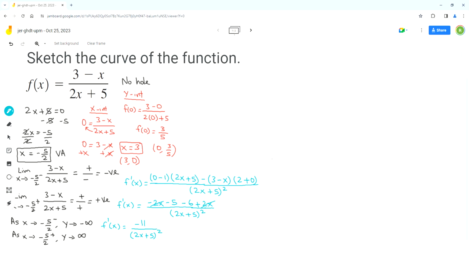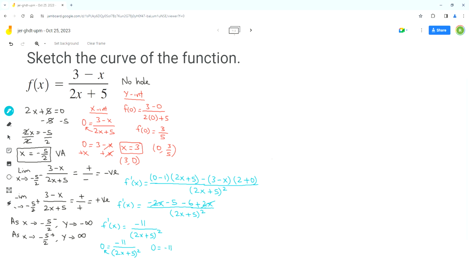Now critical points are points at which the derivative is either equal to 0 or undefined. So we can set the left side equal to 0 to solve for x, so negative 11 over (2x plus 5) squared. Now if we cross multiply the denominator to the left side, we get 0 equals negative 11.